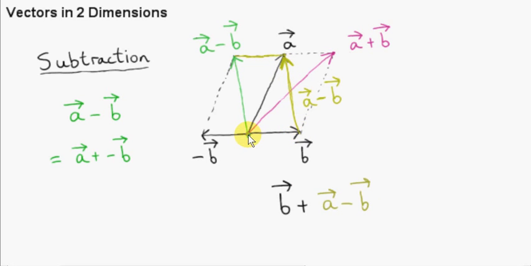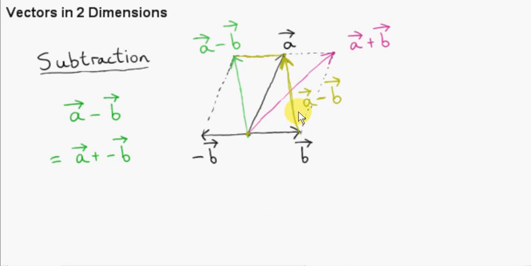We want to add vector B onto vector A minus B, so one vector runs into the other vector, so the head of B is at the tail of vector A minus B, so we join the tail of B to the head of vector A minus B to get vector A. So from the triangle law construction, this makes sense, and also if we do the algebra, it makes sense.